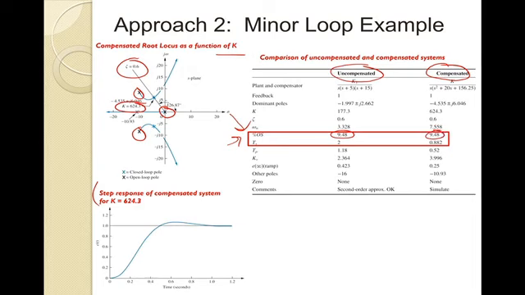However, we ended up with the same overshoot as shown here, but we did get an improved settling time, improved peak time as well, and a little bit better result relative to a ramp input in terms of steady state error.